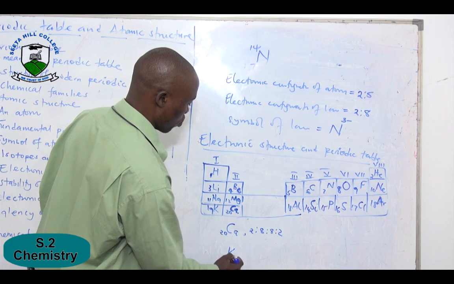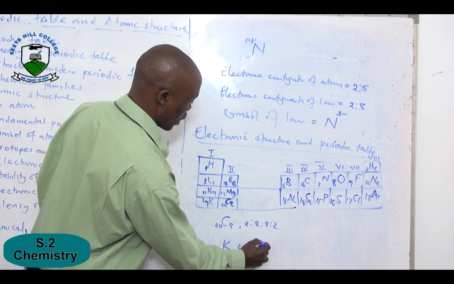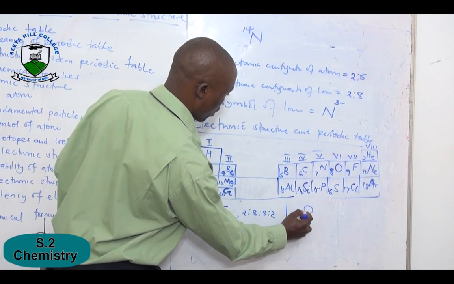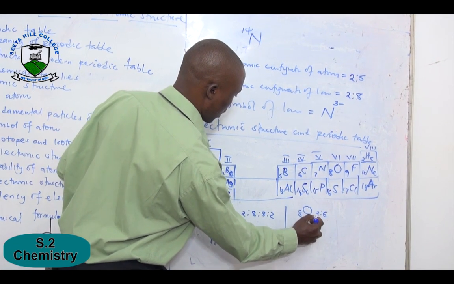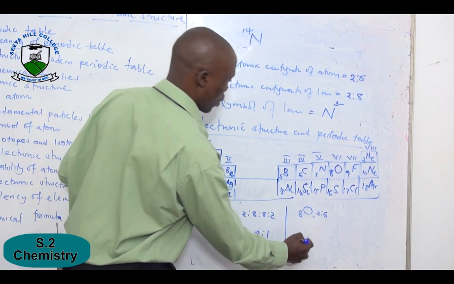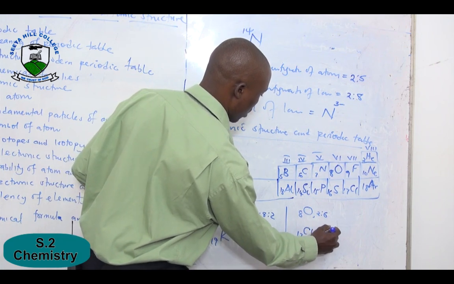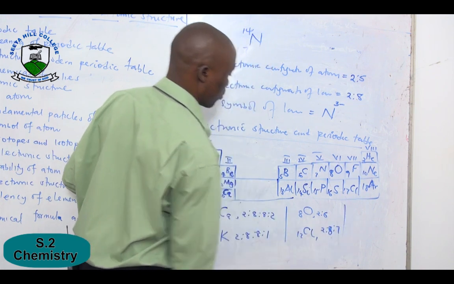Then potassium, 2, 8, 8, 1. Then what if we wrote for oxygen? 2, 6. Then for chlorine 17, 2, 8, 7.